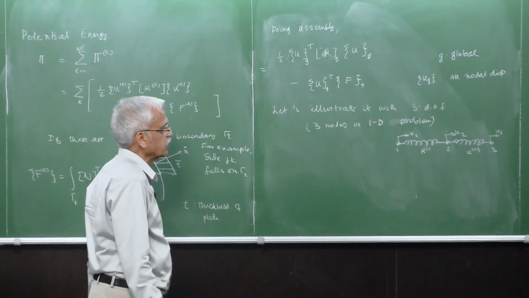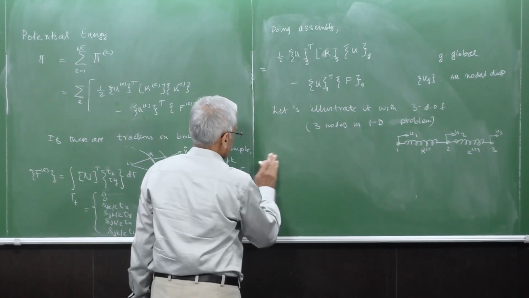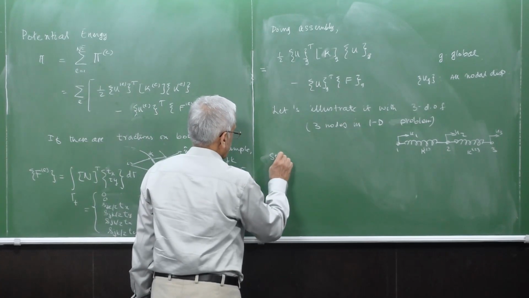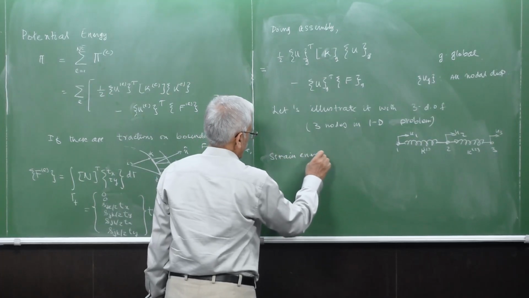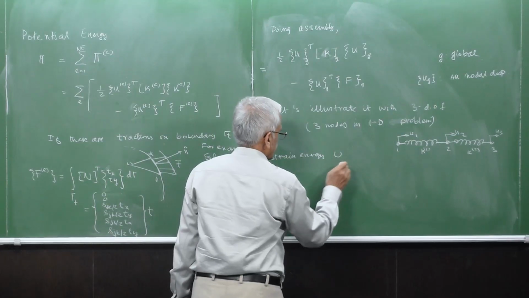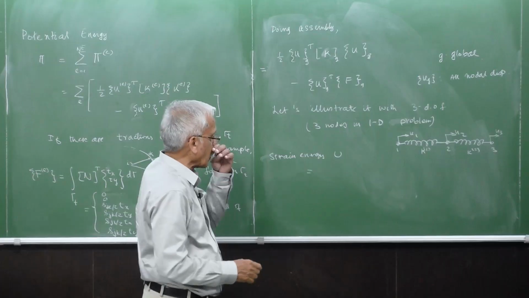Okay, this 1, 2. So this would come out as the strain energy U here, which will be an assembly of these two. So how will it look like?